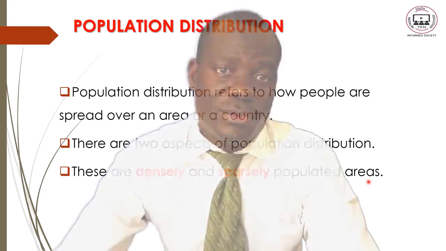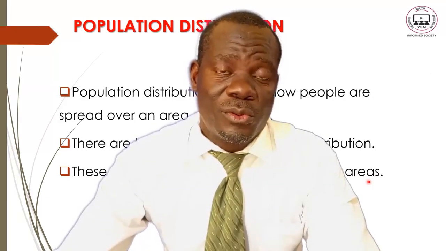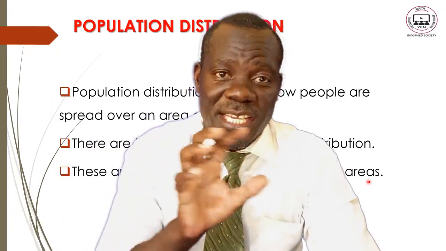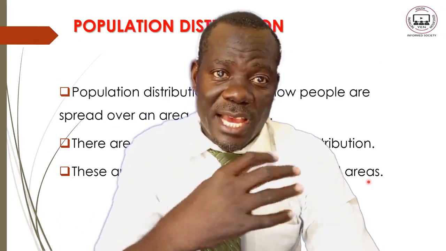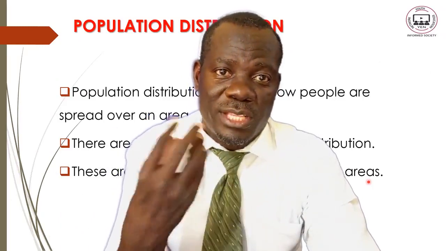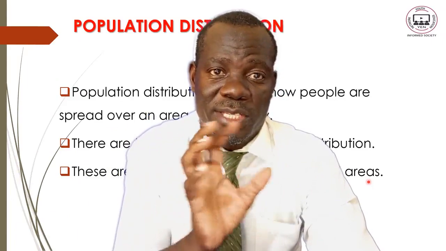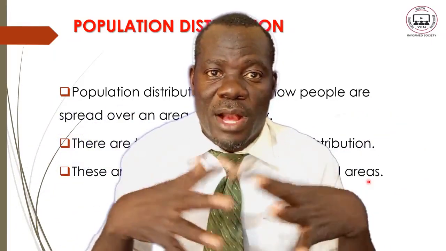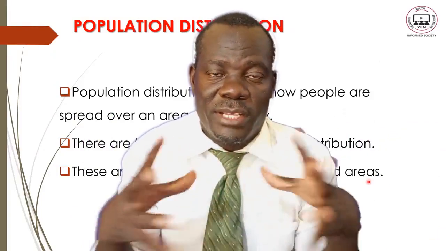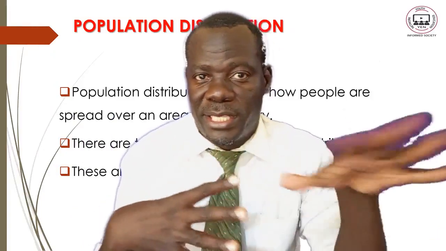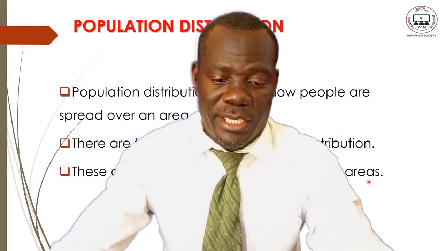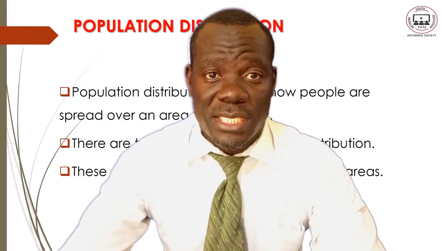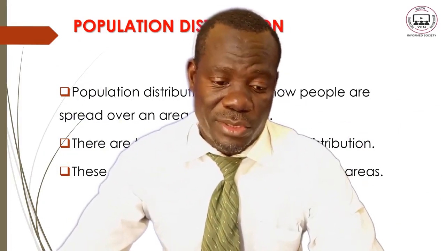So when we talk of population distribution, we talk of the densely populated, that is highly populated, or the lowly populated. Sparsely means people are scattered. They are not living packed together, but are scattered in different areas. So that is a sparse population distribution.